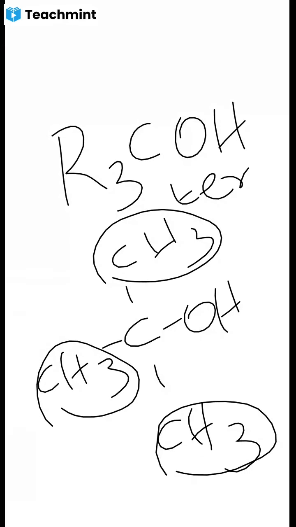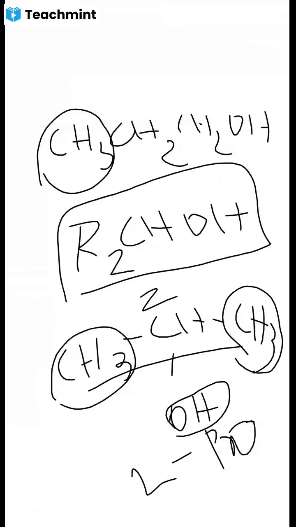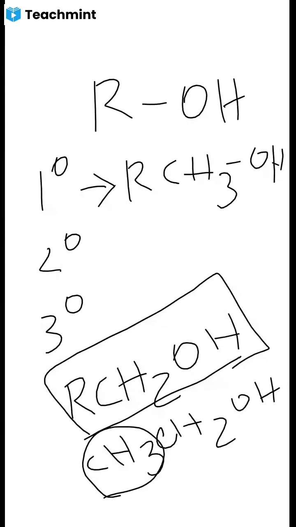So what are the 3 types of alcohol based on alkyl group? Primary, secondary, and tertiary. What are primary alcohols? The alcohols which contain only one alkyl group, ma'am. Example?